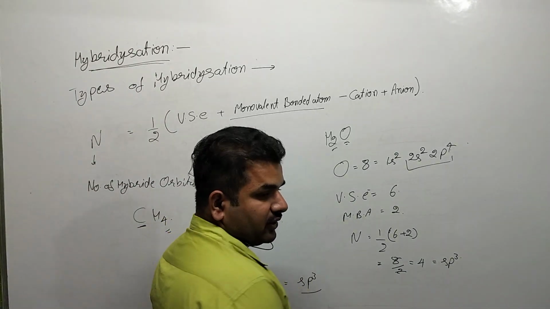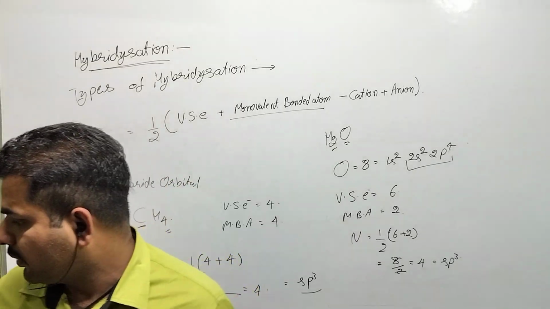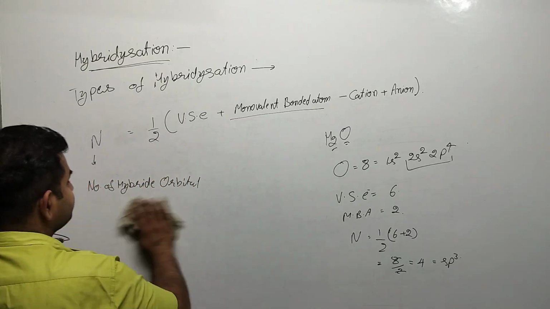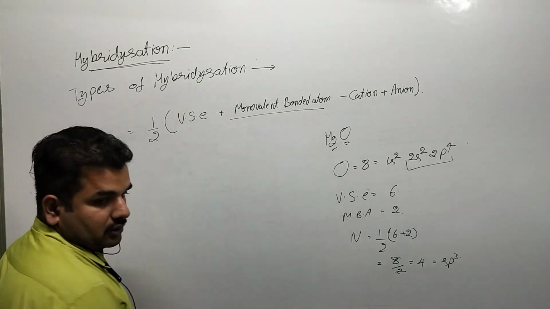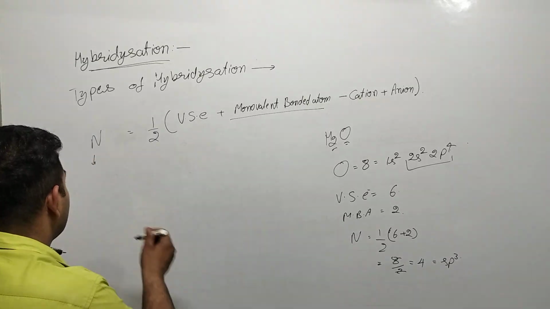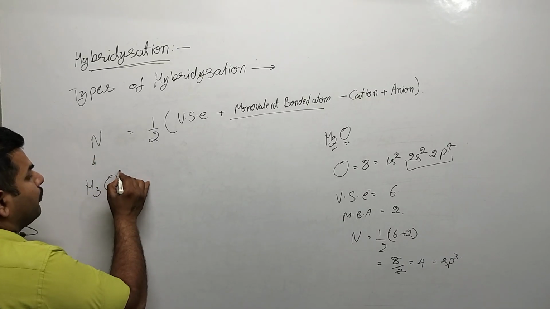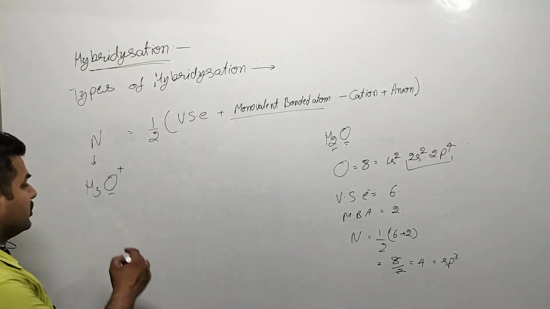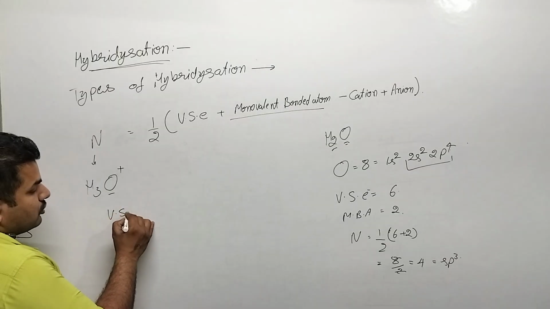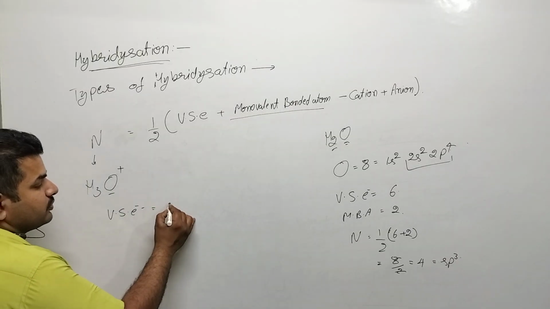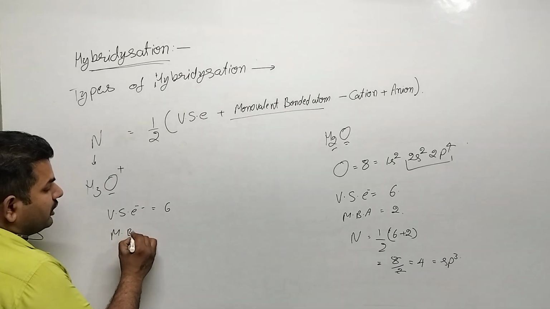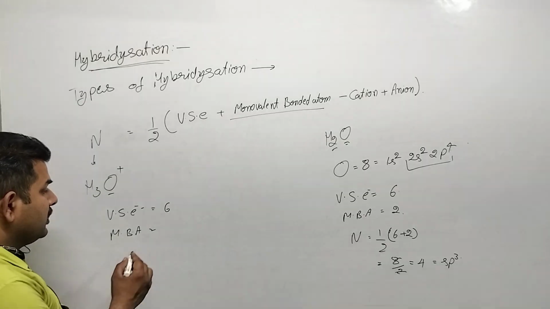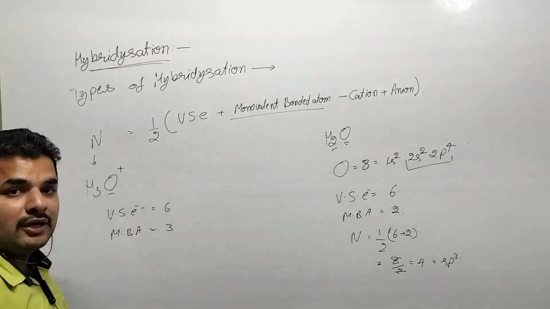Take another example, an ion which contains a positive or negative charge, like the hydronium ion, H3O+. Here we have to calculate the hybridization of oxygen. The valence shell electrons of the central oxygen atom are 6. We have 3 hydrogen atoms, so 3 monovalent bonded atoms.